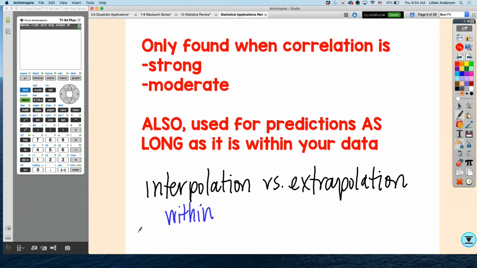So let's say your data went from 0 to 100. An interpolation would be within that range, but an extrapolation would be outside of that range. So if the value was 130, that would be an extrapolation. Even though you could make a prediction, 130 is outside the range of the rest of your data, so it technically wouldn't be accurate, because we don't know what could potentially happen after that largest data value.